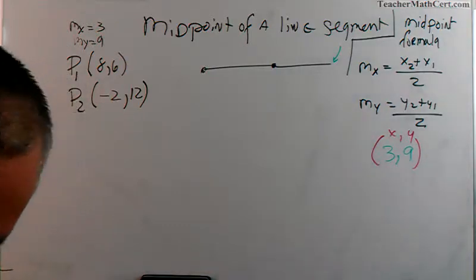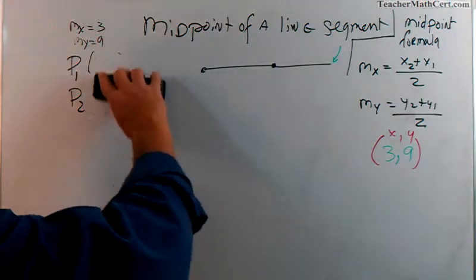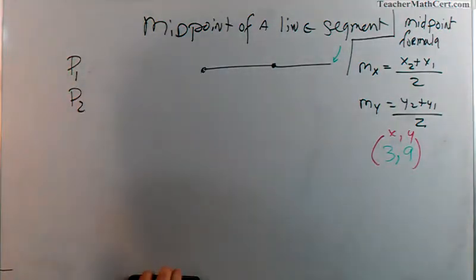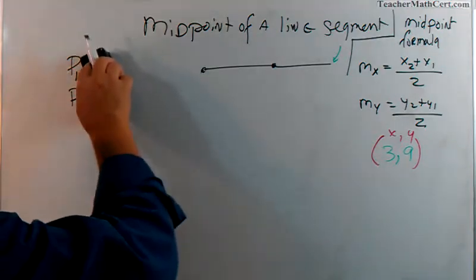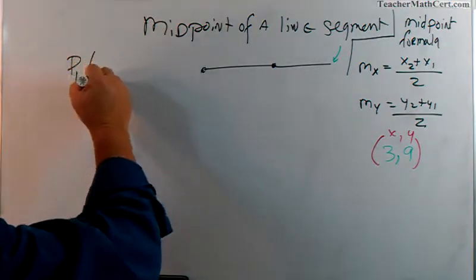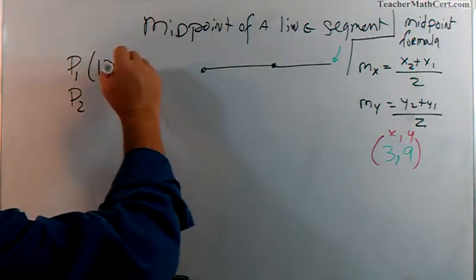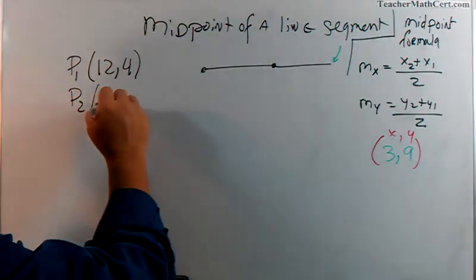Let me see here, what do we got? So we got P1. Point 1, the coordinate pair is 12, 4. And point 2 is 6, 0.